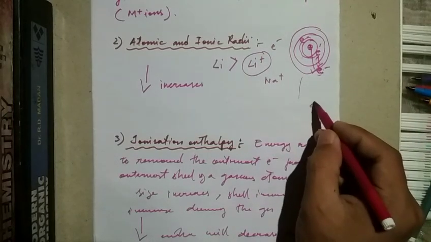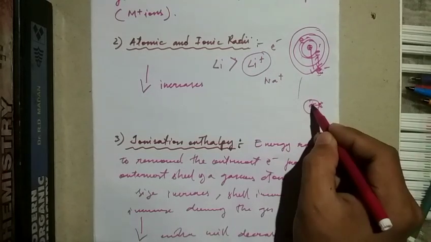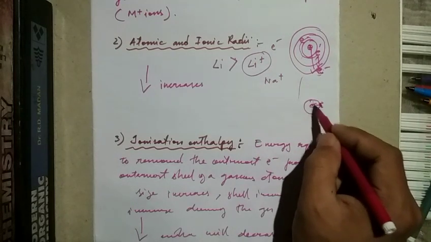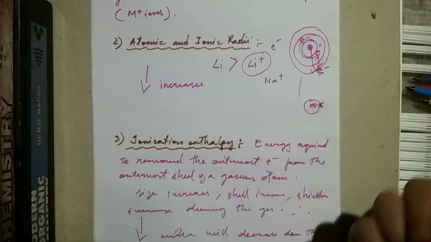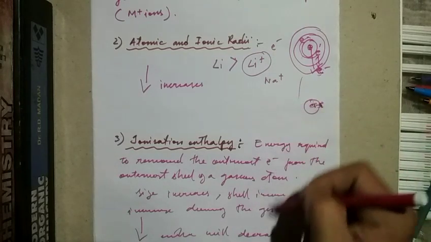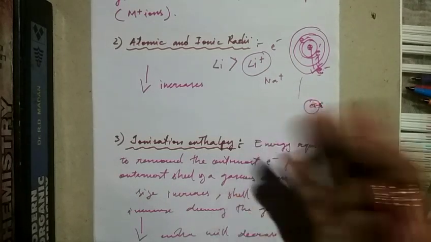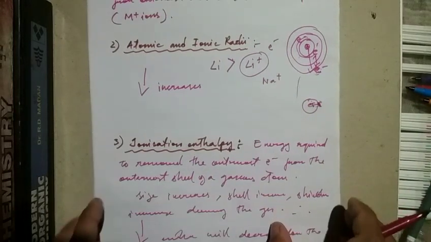If the size is small, there is much attractive force between the electron and the nucleus, since the electron is closer to the nucleus. So smaller size will require higher energy to remove an electron. As we move down the group, size increases. That means it becomes easy for the electron to be removed.